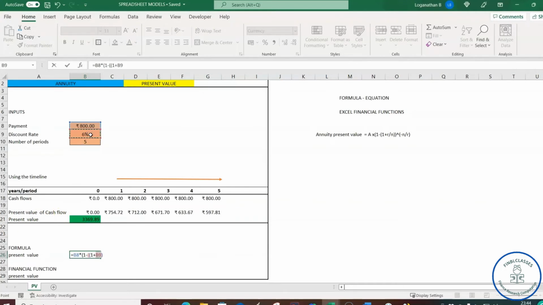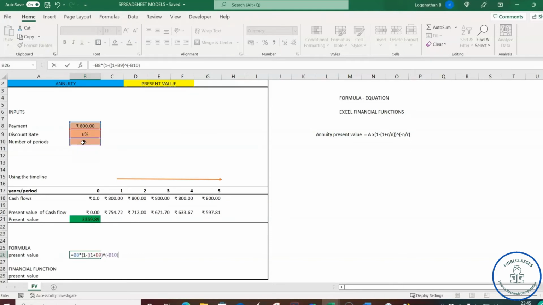Then close the bracket, then the division, then bracket open, you have the minus n, right? So minus n I have to put, so you have to select the cell B9, so I type minus, then select the cell B10, right?